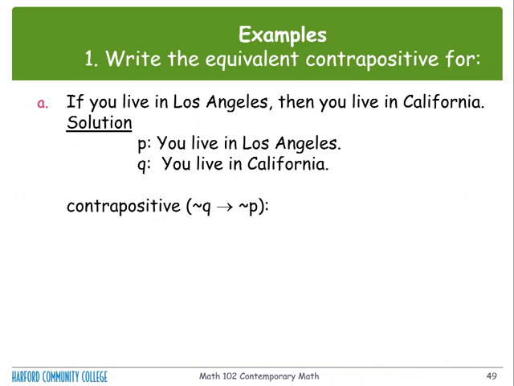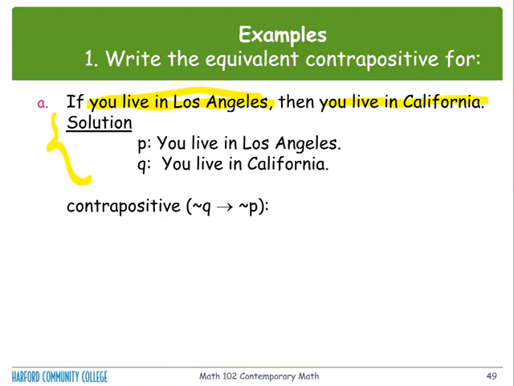In this example, we're going to write the equivalent contrapositive for the given statements. Part A, if you live in Los Angeles, then you live in California. With this, we're going to define the simple statements by letting P represent you live in Los Angeles and statement Q represent you live in California.